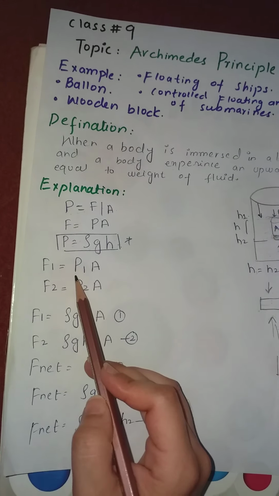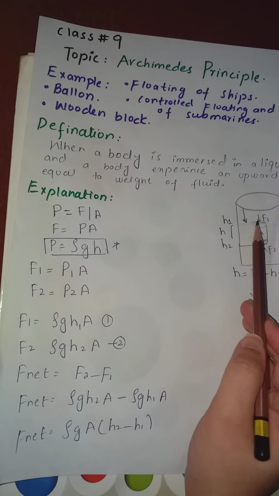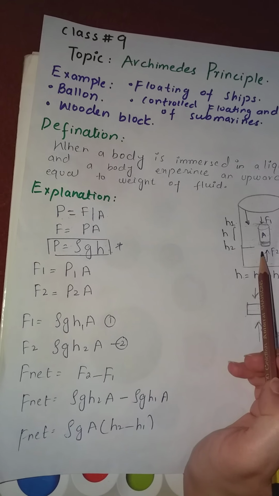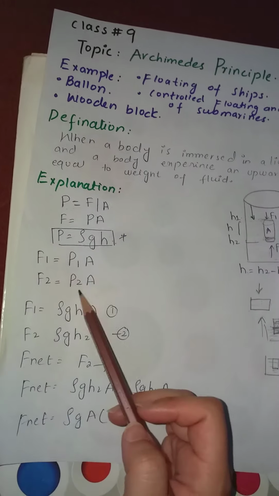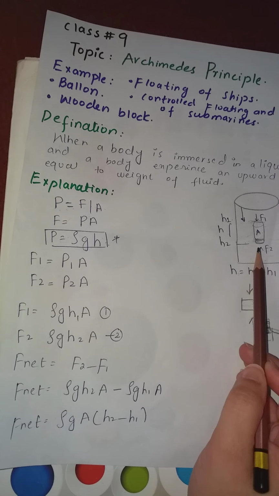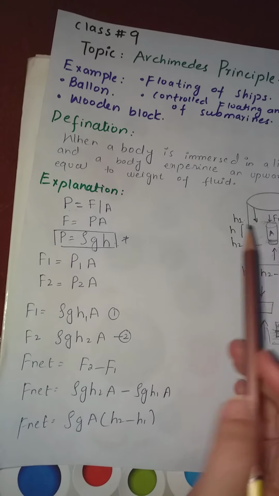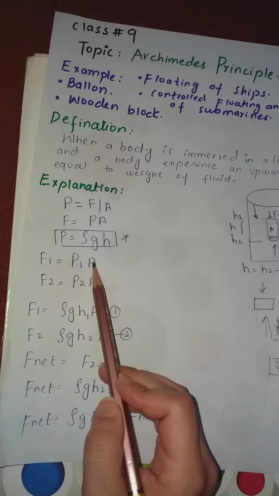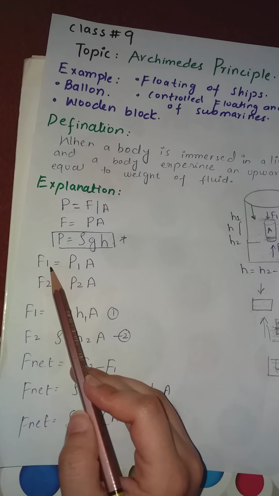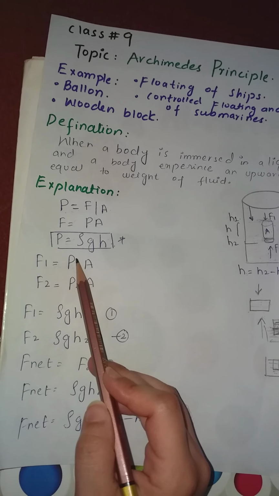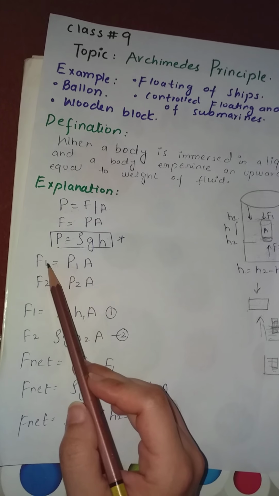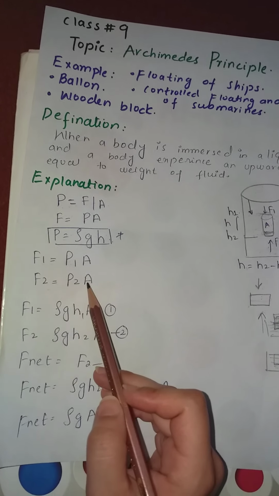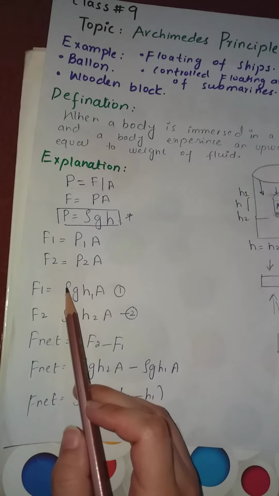Now what is the F1 force? F1 force is the force that is applied by the object over the liquid, ठीक है, and the fluid. Now what is the F2 force? F2 force is the upthrust force or the buoyant force. As we know that F is equal to PA, P is the pressure and A is the area. Now when the F1 force is applied over the container, P1 is the pressure that is being applied with the F1 force over the area A, and same with the pressure 2 and area, ठीक है। Now how can we find it?